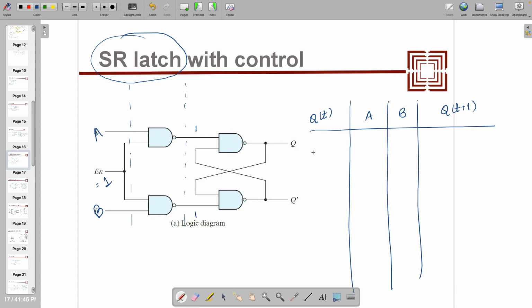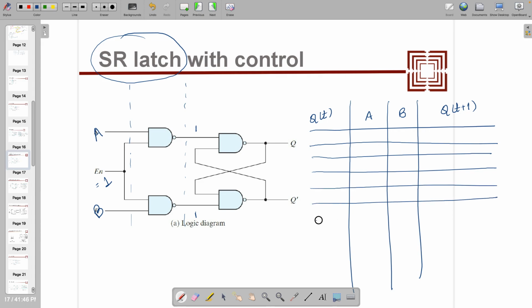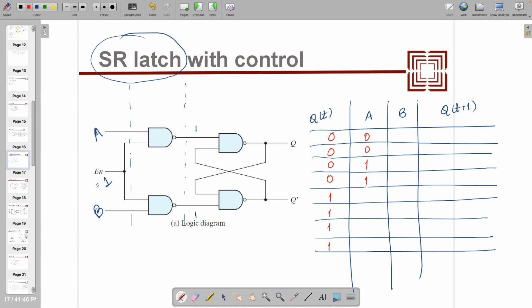Let's assume that so that you can have the correct answer. So in this case, you might have 8 possibilities, right? Now let's look at Q bar (t+1) as well, right?